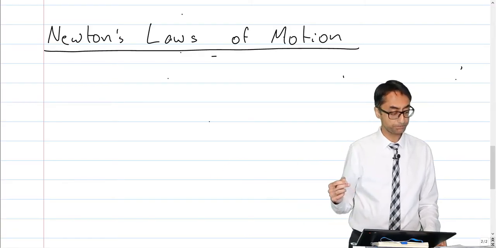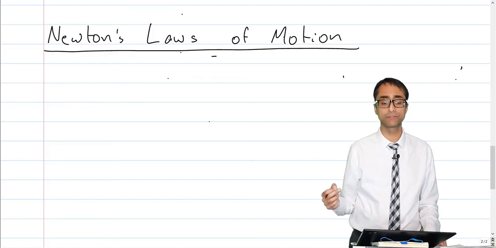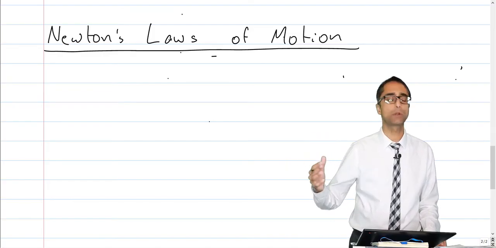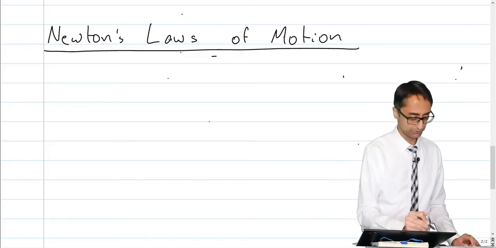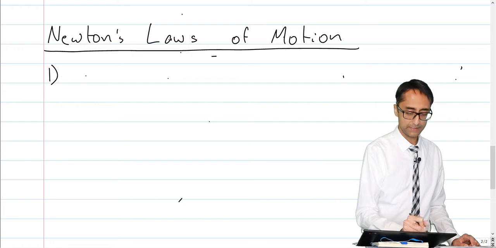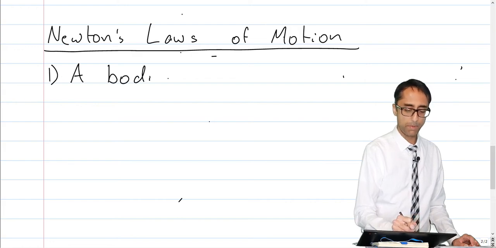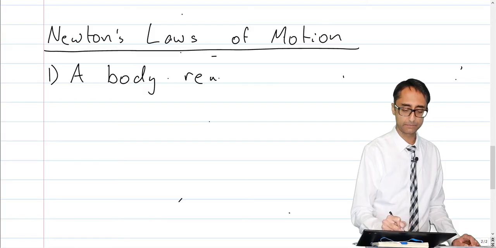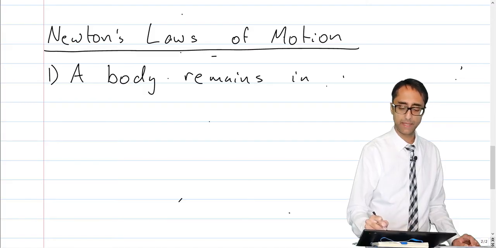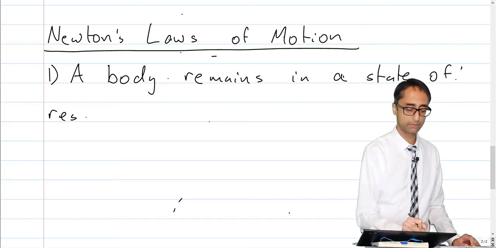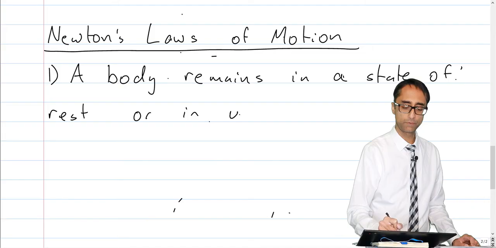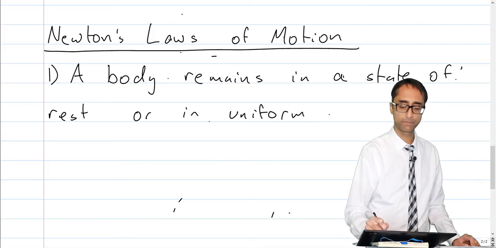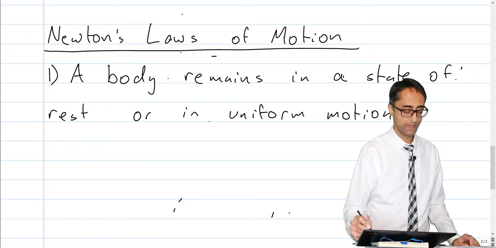And his laws of motion, and these are our laws of dynamics, not kinematics, can be summarized in 3 rules. Let's start with the first one, and it says, a body remains in a state of rest or in uniform motion unless acted upon by an outside force.